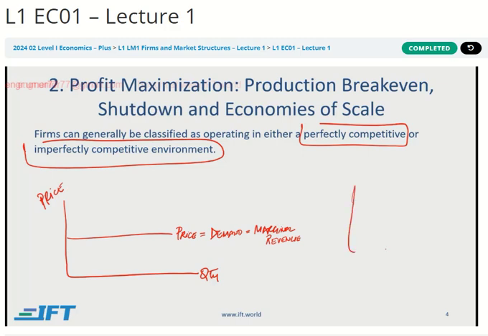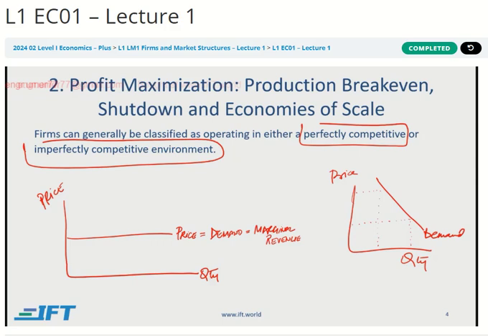Now, on the other extreme, we have this downward sloping demand curve. And here you have to reduce your price if you want to sell a higher quantity. Think of an automobile like a Mercedes or a Rolls Royce or a Bentley. They will charge a very high price, but they will sell a very small number of vehicles compared to a lower priced automobile, where more quantity is sold and the price is less, right?